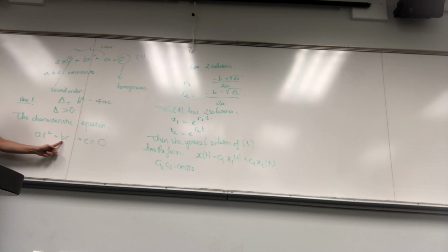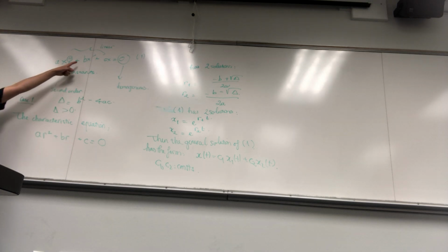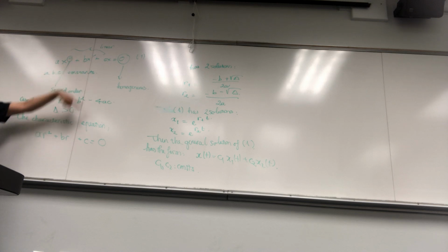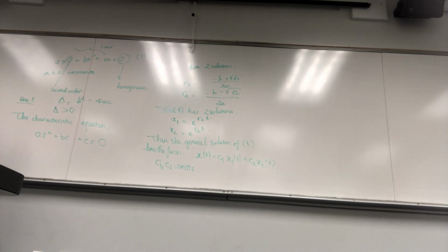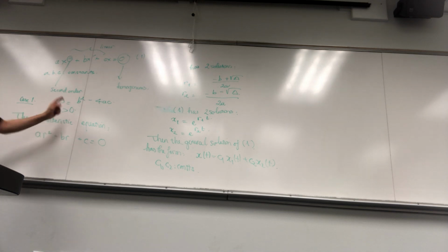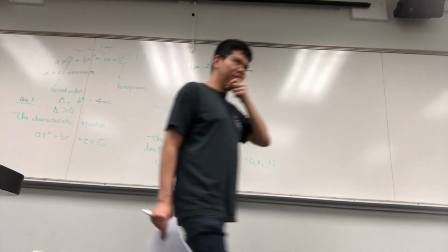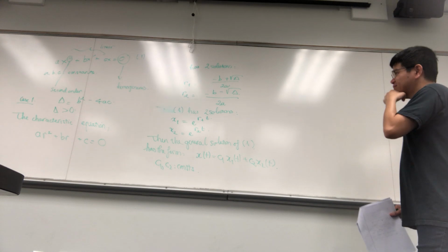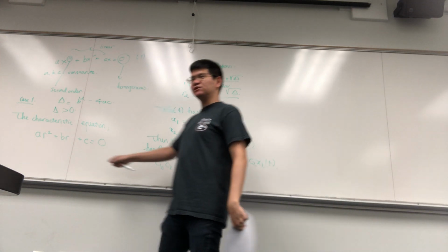This b is associated to r because it is associated to the first derivative, and this c doesn't have any derivative, so it is a constant. When you write out this quadratic form, you look at delta, which is b squared minus 4ac. If delta is strictly greater than 0, then the characteristic equation has two solutions.